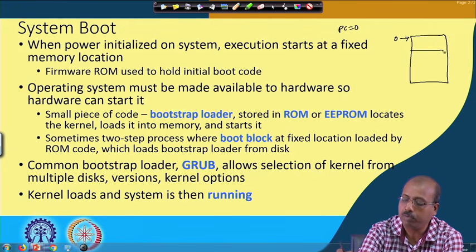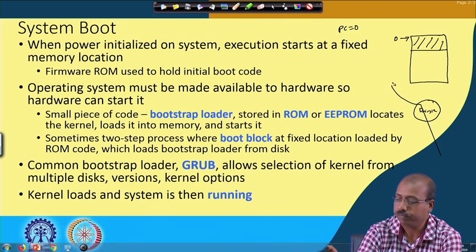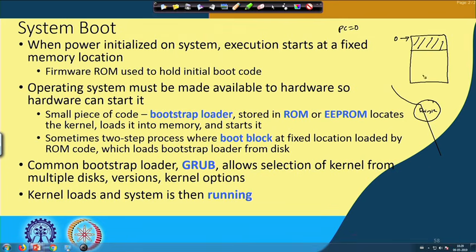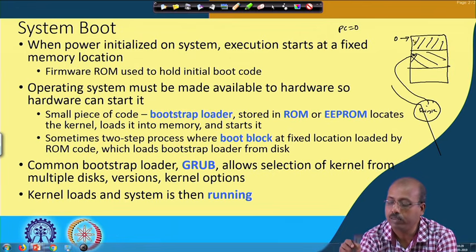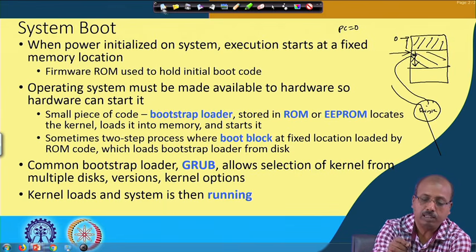So, in this part of the memory we put some code whose responsibility is that, if this is the disk, it will copy the operating system part from here and put it onto the system, say in this part. Then at the end of this routine, it will make the program counter value equal to this, so that the program execution can start from this point onwards. So, this is what is done here.